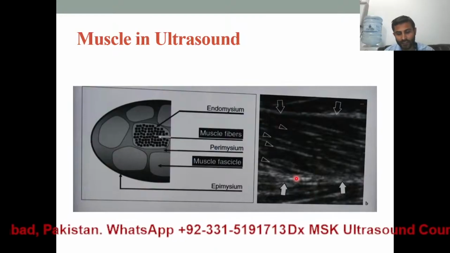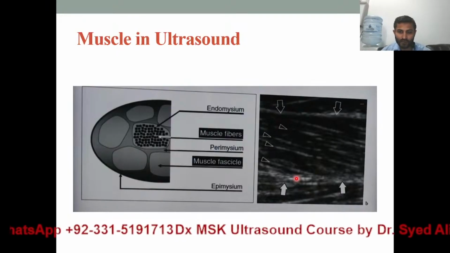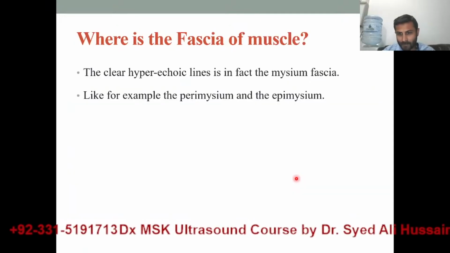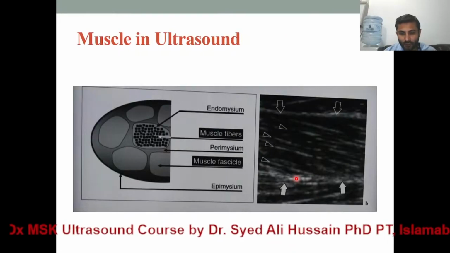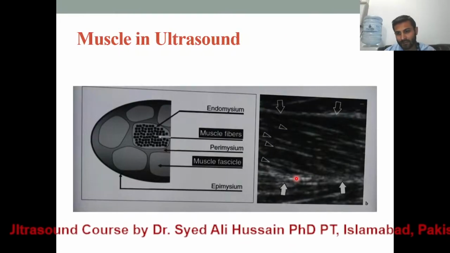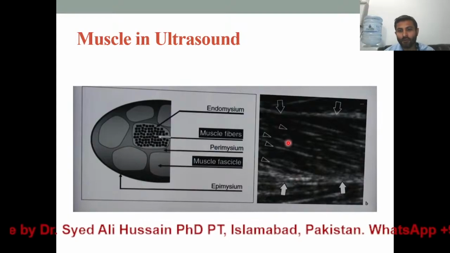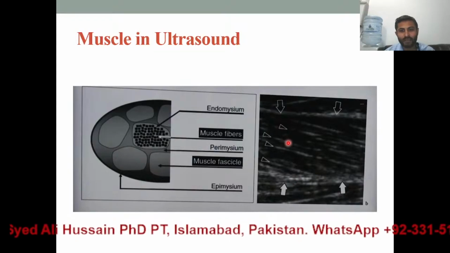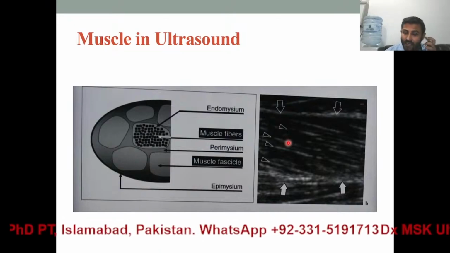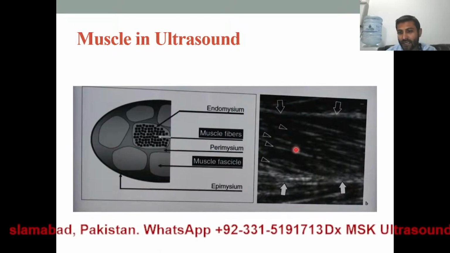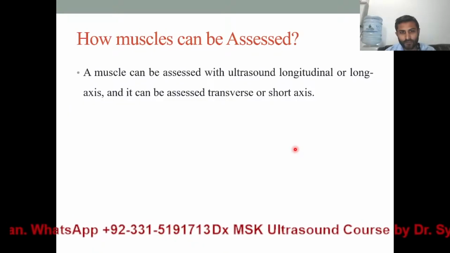These are the fascias, and these fascias are basically separating the muscles. Like I've told you, endomysium, epimysium, and perimysium are there. We cannot differentiate whether this is endomysium or perimysium, but we can definitely see an epimysium between the two muscles very easily. Sometimes the perimysium can be recognizable, but it's not what we want to do.